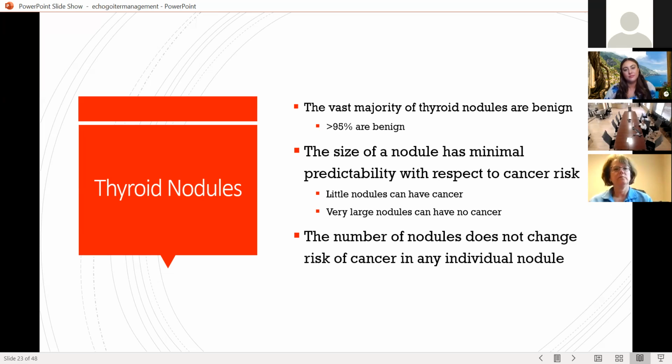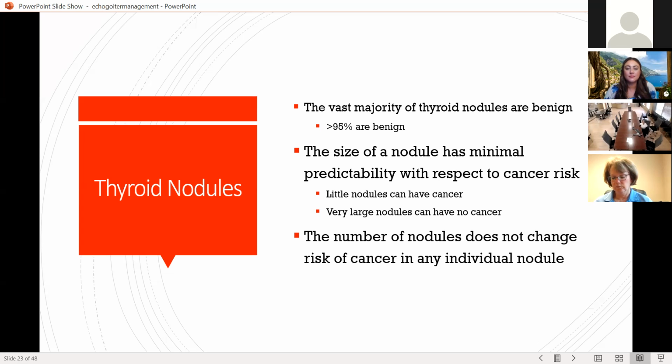So the size of a nodule is not the thing to pay attention to. You want to look at the characteristics of the nodules. Little tiny nodules could have cancer, but they're not considered to be clinically relevant when they're tiny. Sort of conversely, very large nodules or nodules that you're seeing grow, because every nodule that you very first ever see that's 5 centimeters big at some point was 4 centimeters and 3 centimeters, and it can still be completely benign.